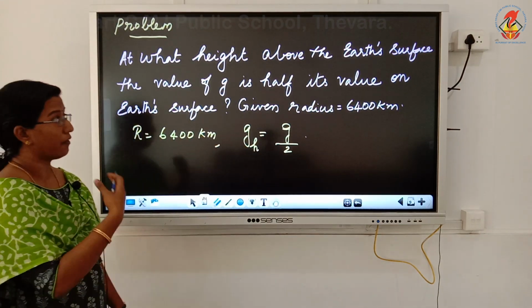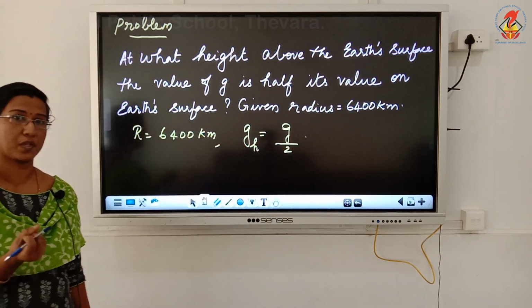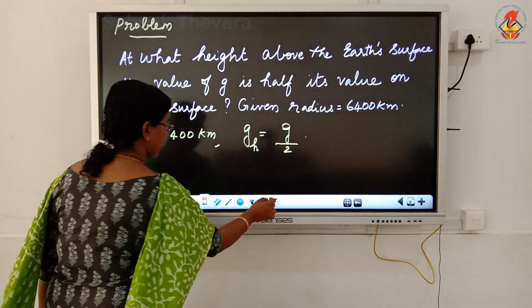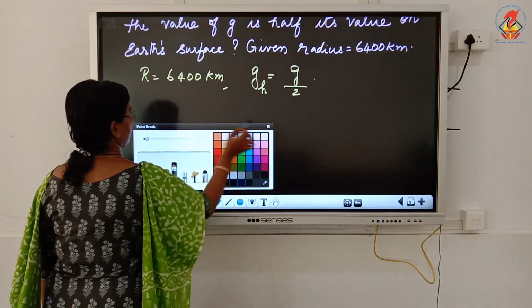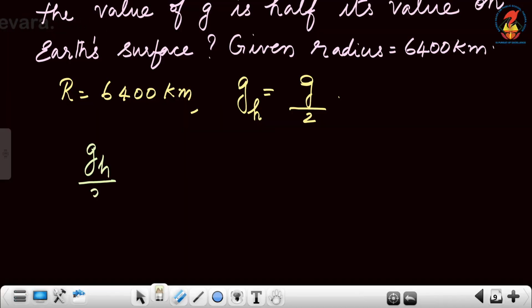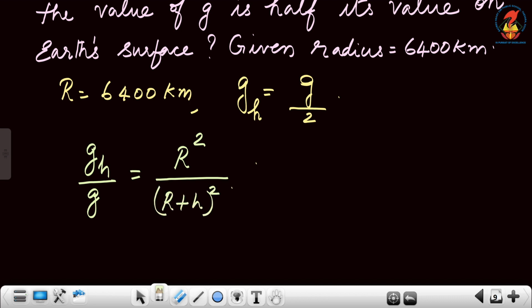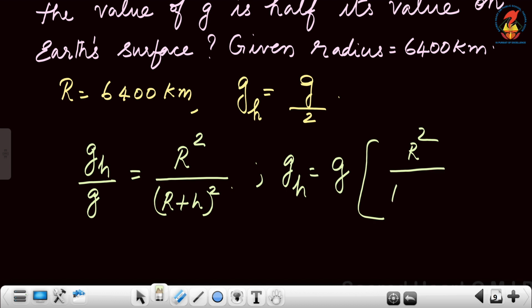Now, they have not given the height, we have to find out the height. So we have to use the main equation, that is g_h by g is equal to r square divided by (r plus h) the whole square, or we can write g_h is equal to g into r square divided by (r plus h) the whole square.